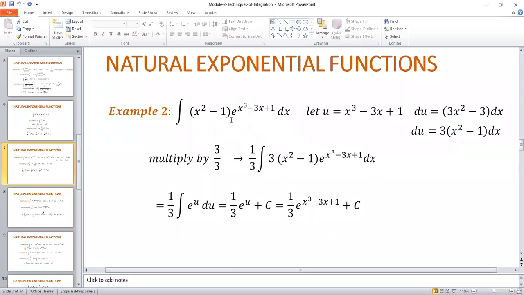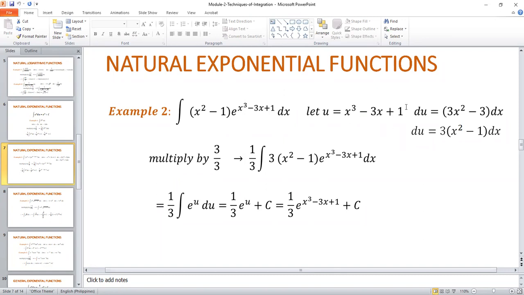What happened here is this is assumed to be an e^u du integral. So that's the original assumption. So if it's an e^u du integral, the u is the exponent of the e, or the argument of the e. It's x cubed minus 3x plus 1.